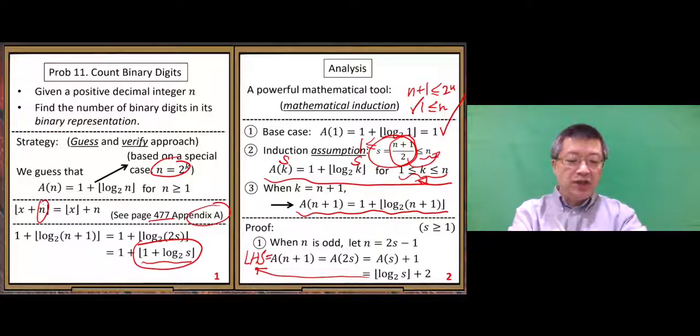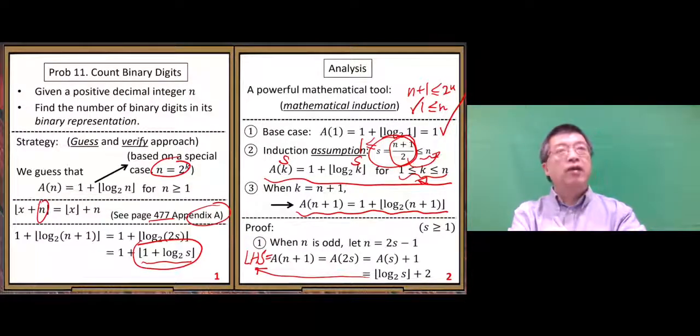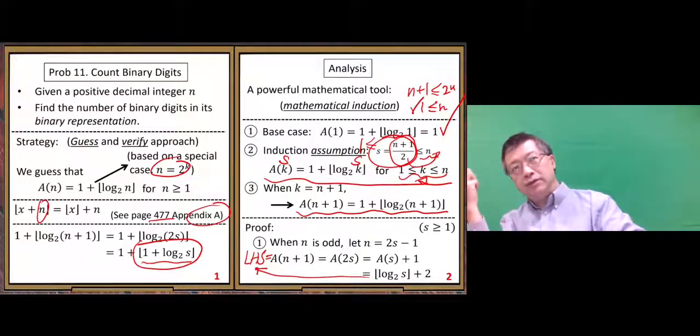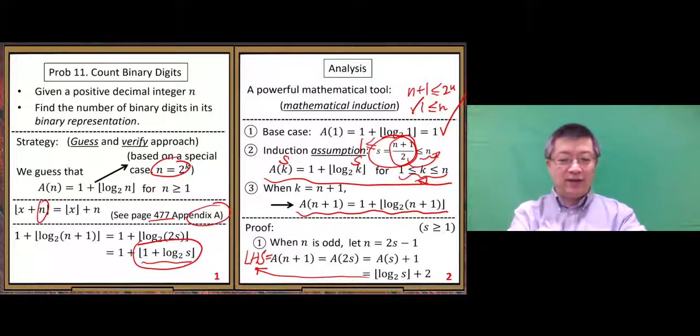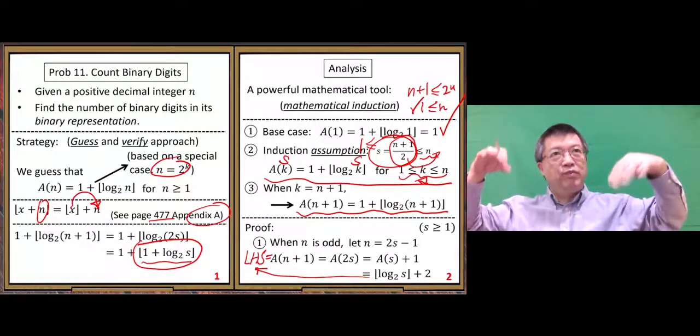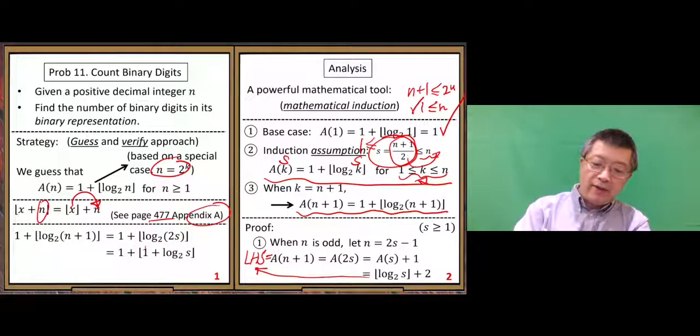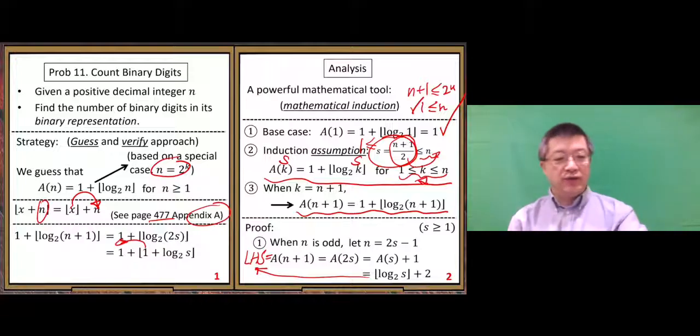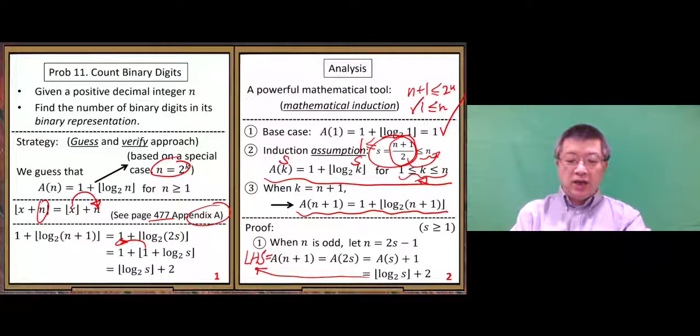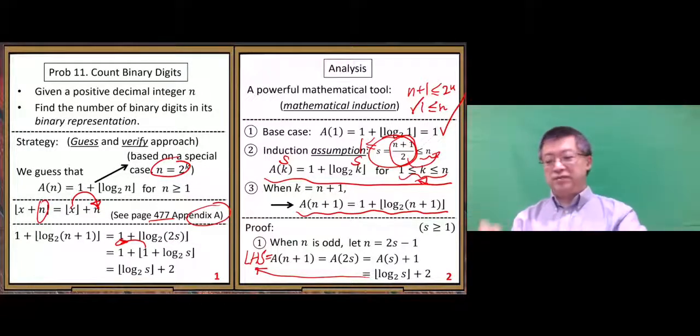If you see an integer inside that floor function bracket, you can pull it out directly, out of the floor function brackets. So here, we can pull that 1 out, and we get 2 plus log base 2 of s.